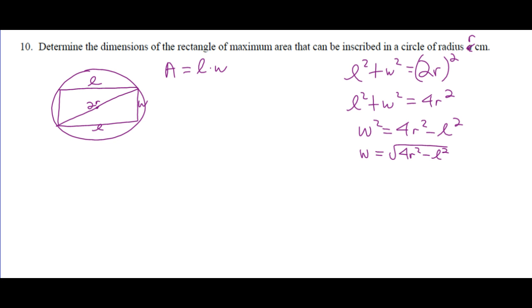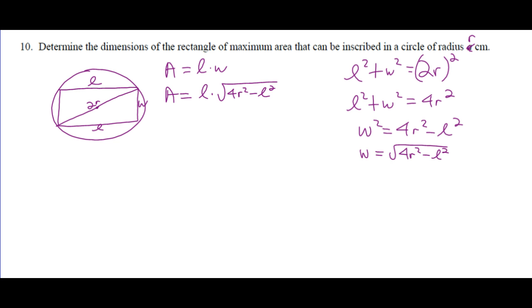That could be some number if we had a value. So area is L times the square root of 4R squared minus L squared.